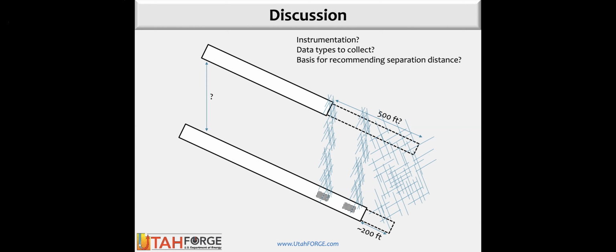Essentially, 1, confirming connection, and 2, if we're going to do long-term flow tests, my question, and I'd like to get as much input as we can here, is how much thermal breakthrough. Usually strong thermal breakthrough for a geothermal doublet is a fail, right? But for us, that could be a good data point. So do we want thermal breakthrough? And if so, do we want it to happen in 3 days, or in 3 months?